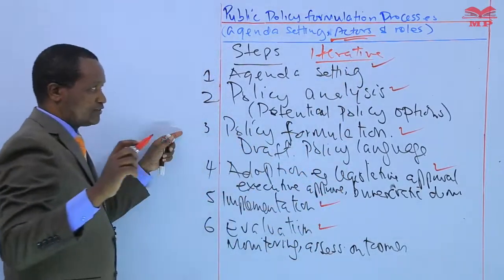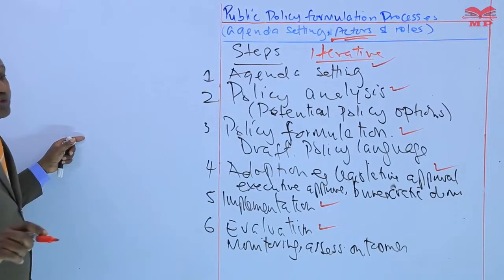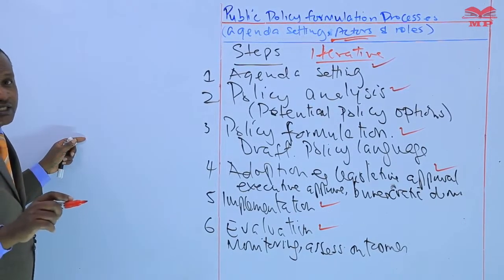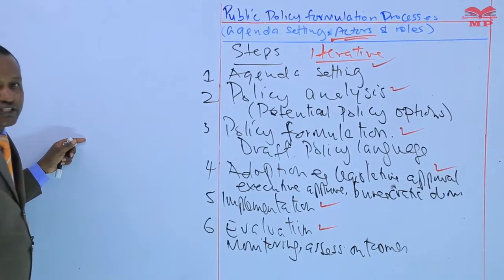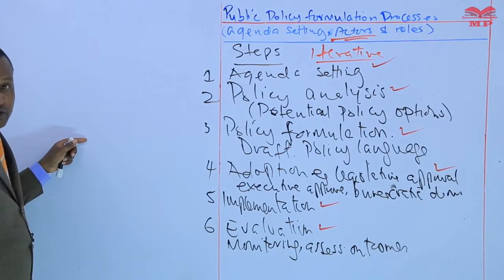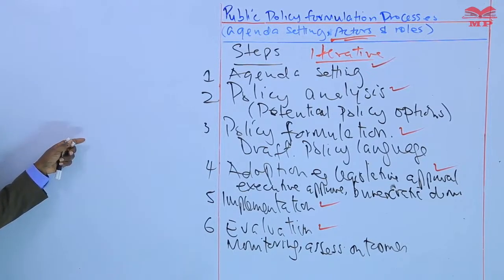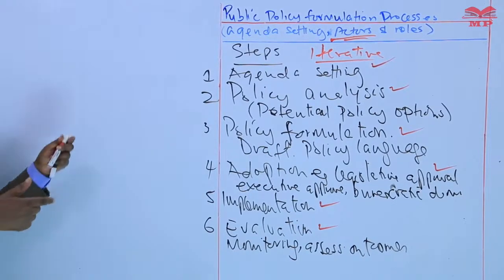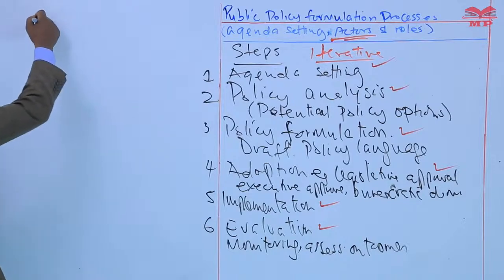So let us now discuss the actors in the policy formulation process. Who are the actors and what are their roles? Because we have a range of actors and stakeholders involved in public policy formulation, each with their own roles, each with their own responsibilities. Who are these actors?